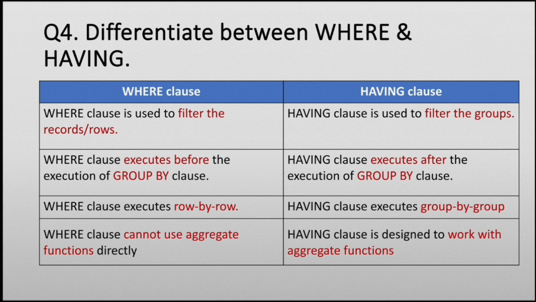Where clause executes before the execution of group by clause, while having clause executes after the execution of group by clause. Where clause executes row by row, having clause executes group by group. Where clause cannot use aggregate functions directly, while having clause is designed to work with aggregate functions.